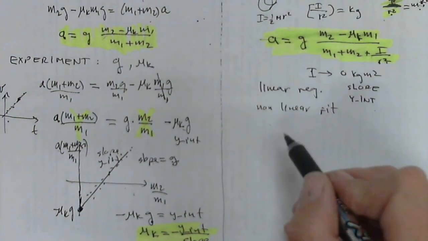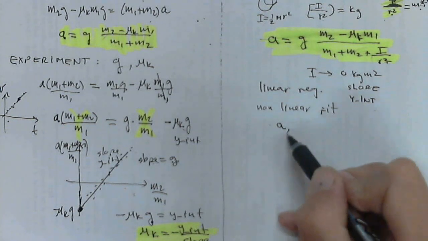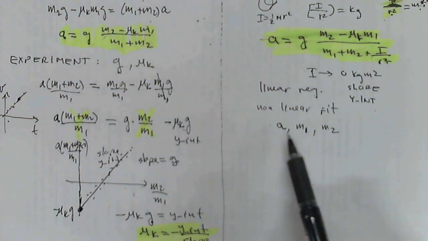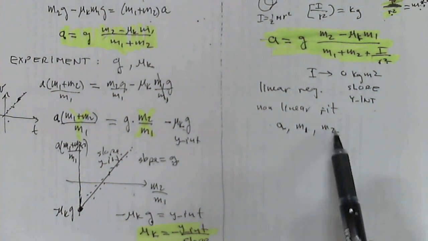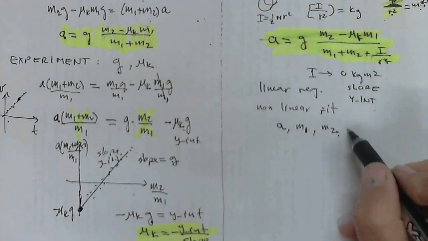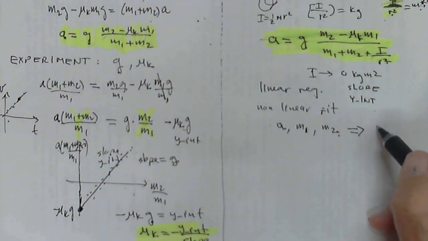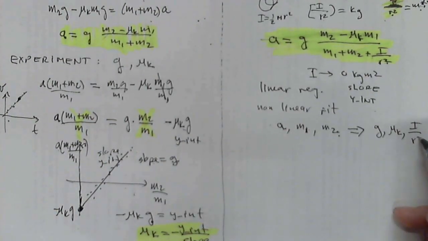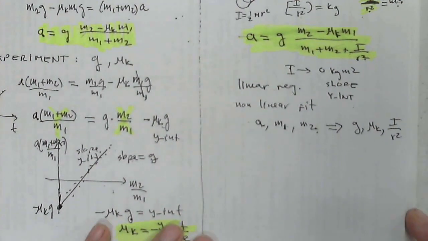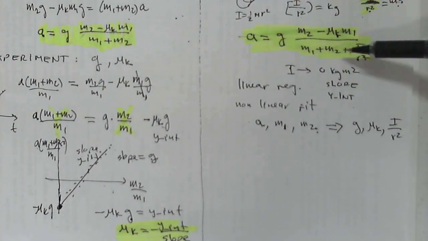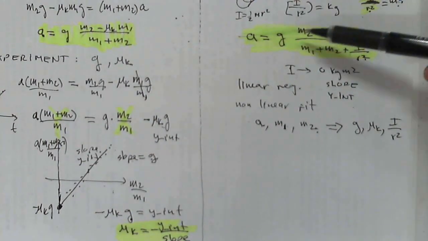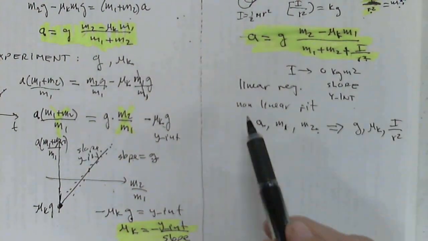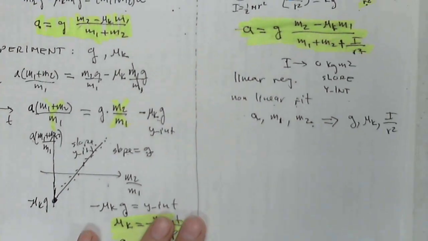And what is the data? You usually collect acceleration, m1 and m2, and you determine experimentally g, coefficient of friction and I over r squared. This is something I've been trying to do in the past, but I haven't been successful unless I use a nonlinear fit.